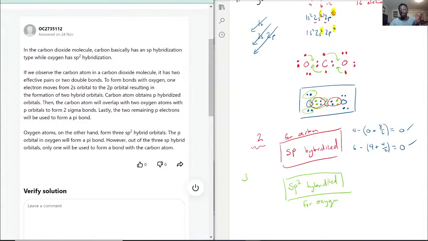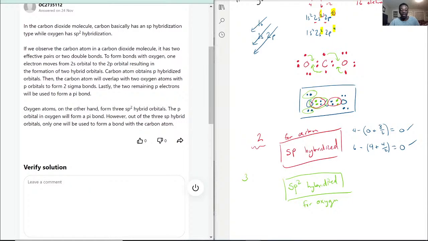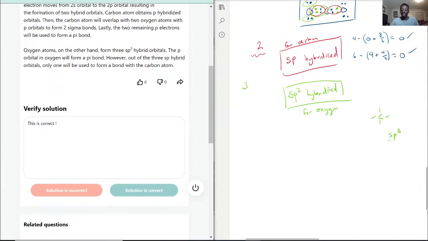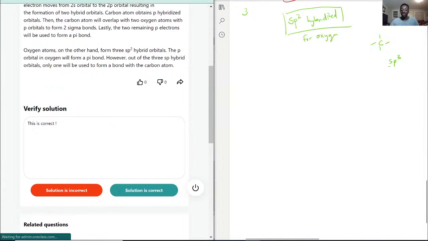So that's still 3 in total, hence why it's sp2. And if you were 4, like CH4 for example, that would be sp3 hybridized, because hybridization level 4 is your s and then your 3 p orbitals. Okay, so this is correct. Let's move on to the next question. Question number 5.